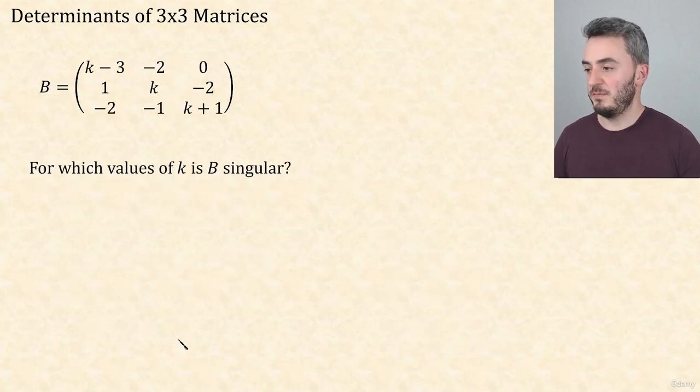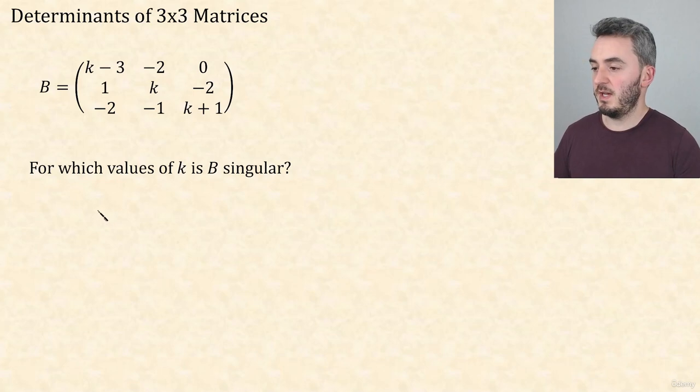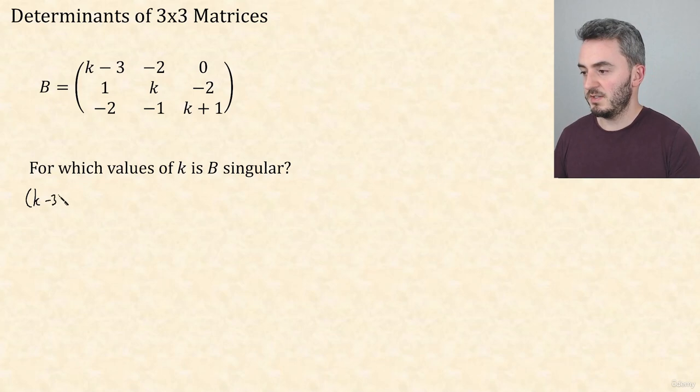Let's have a go at another. So for which values of K is B singular? Pause the video and have a go at this yourself if you're feeling confident. Okay, so let's find the determinant, and we'll figure out then when that's equal to 0. So it's K minus 3 multiplied by the determinant of this matrix, which is K minus 2 minus 1 and K plus 1.